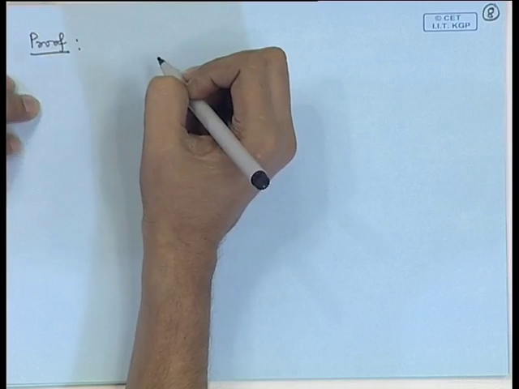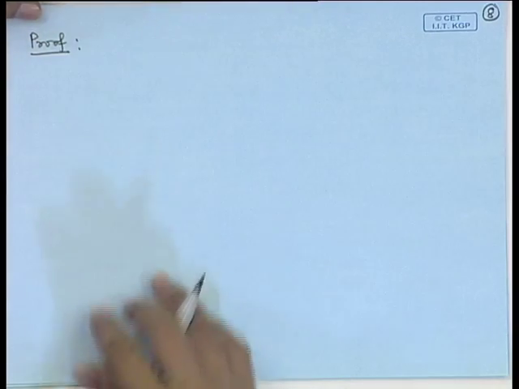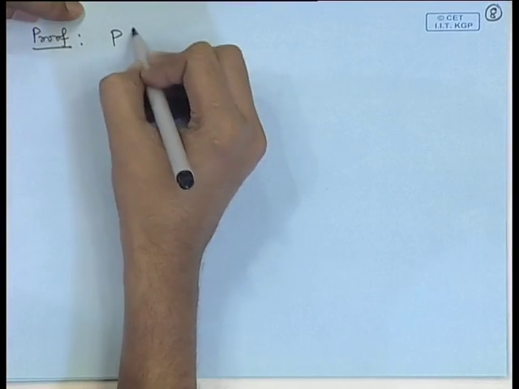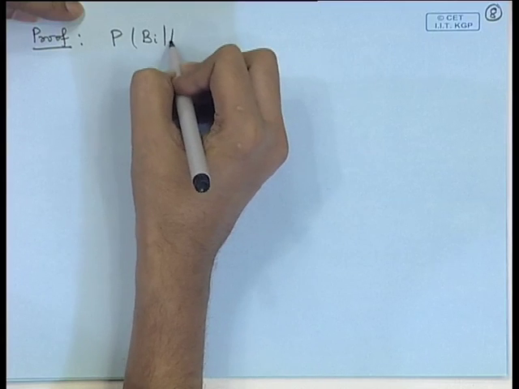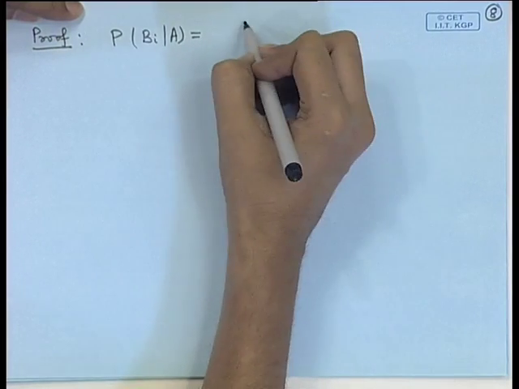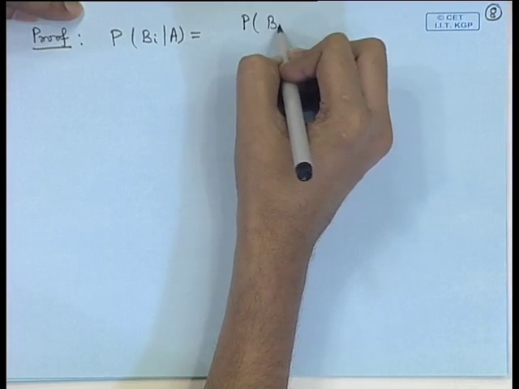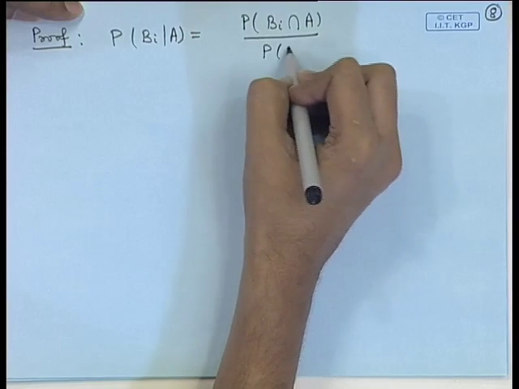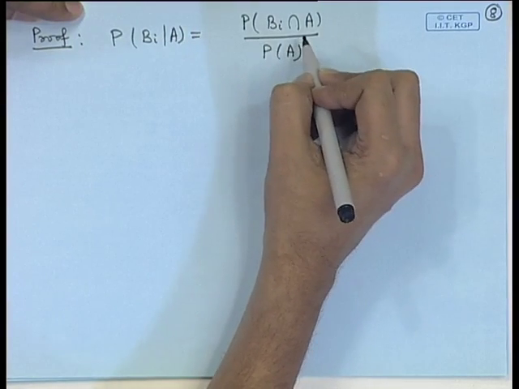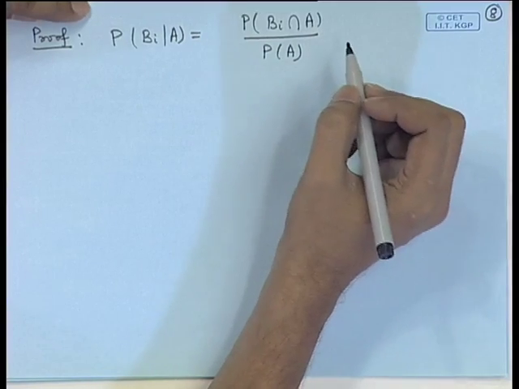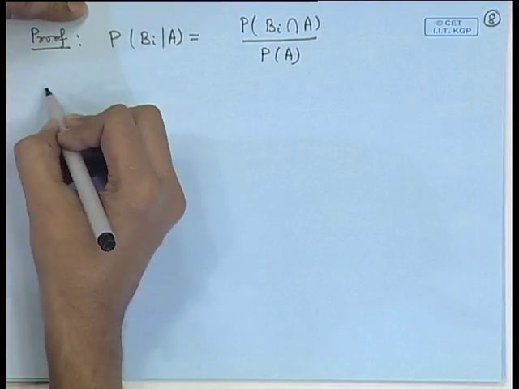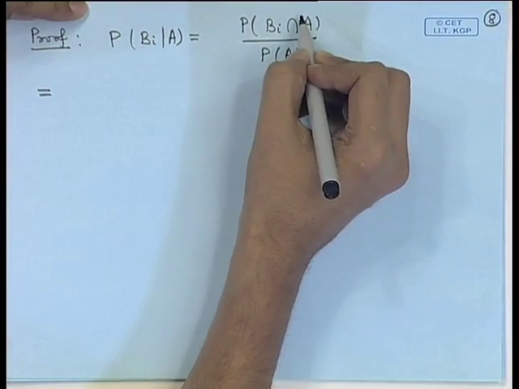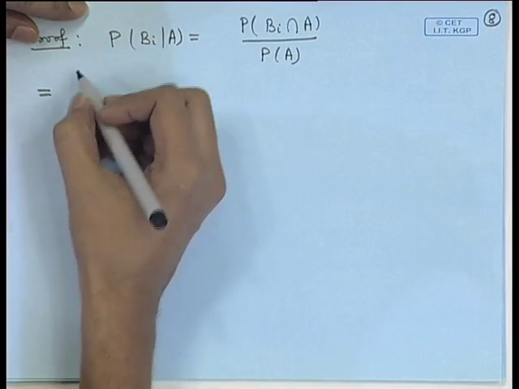We will just apply the definition of the conditional probability. Probability of B i given A is equal to probability of B i intersection A divided by probability of A, by the definition of the conditional probability. Now, in the numerator we can apply the multiplication rule in the reverse way.